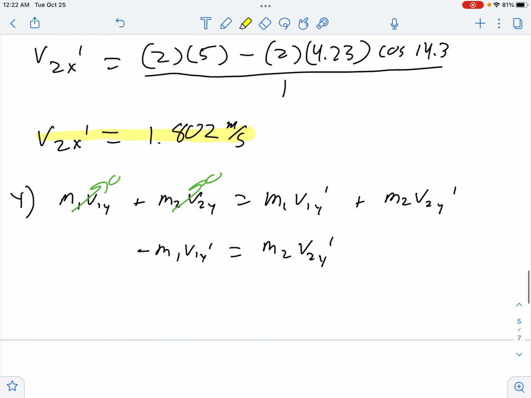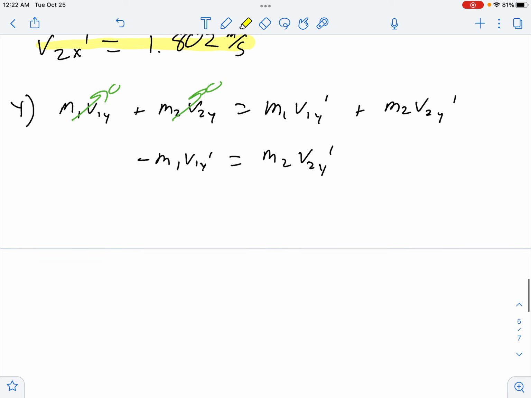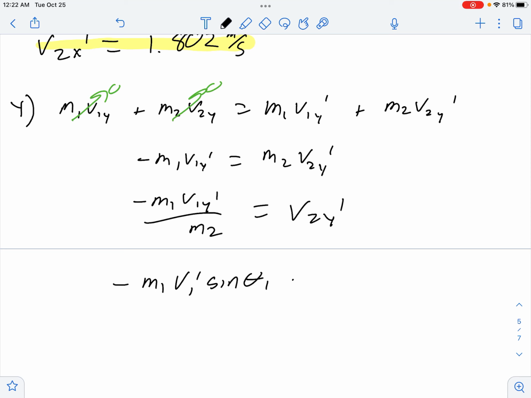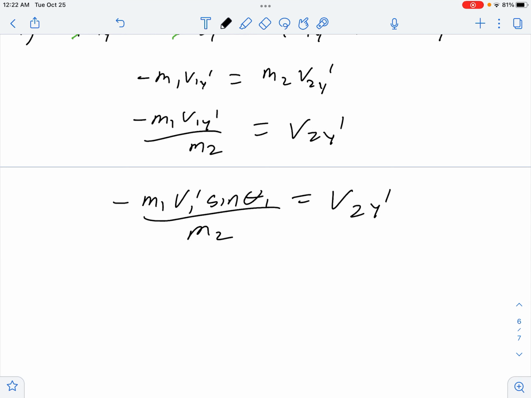Same basic trick I did in the x direction. So m1 V1y prime divided by m2 is equal to V2y prime, where I can write that m1 V1y as V1 prime times sine of angle 1, divided by m2, is equal to V2y prime. So I can get that piece.